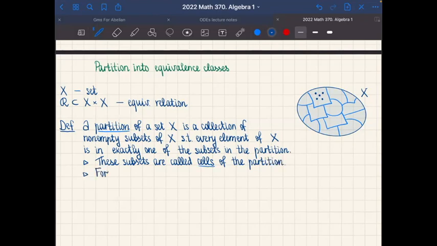And for a given element x, denote by square brackets [x] the cell to which it belongs.